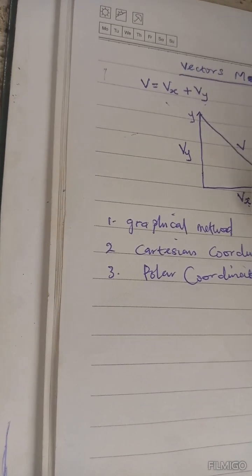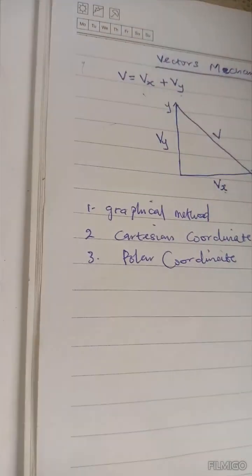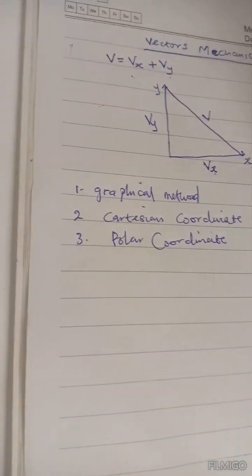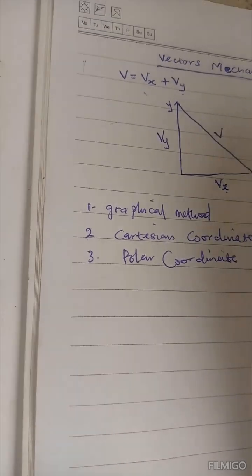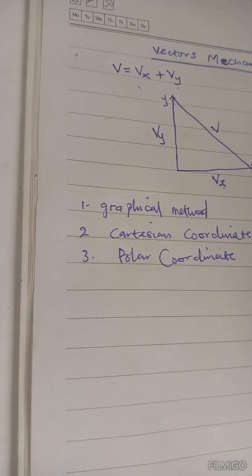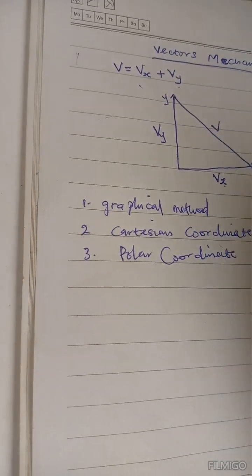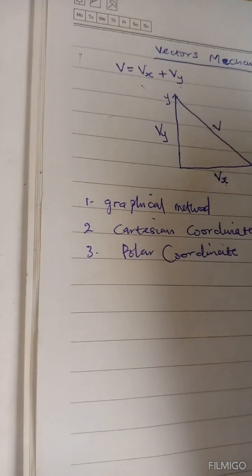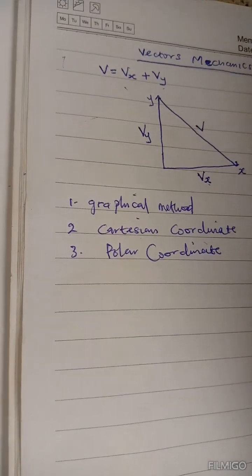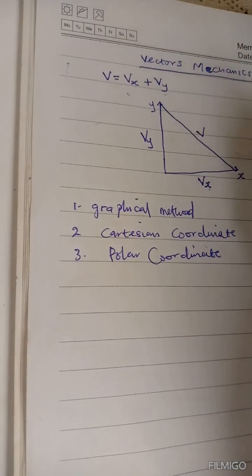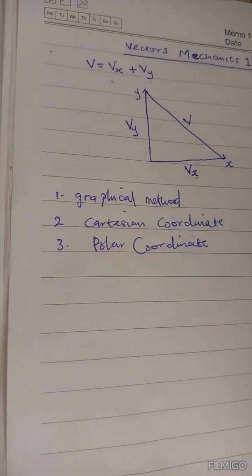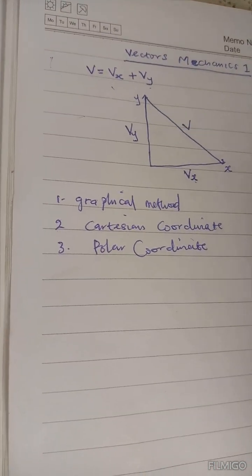Every method has a specific way of adding or resolving a particular vector. Talking about the graphical method, this is where we have a vector that has been illustrated by lines and arrows, and then we resolve it.